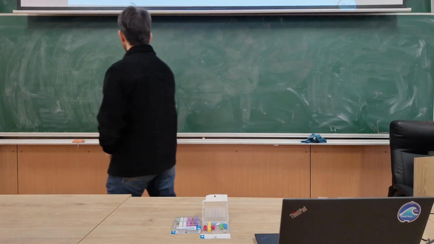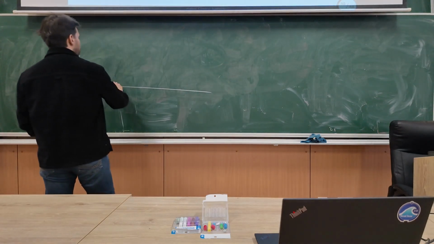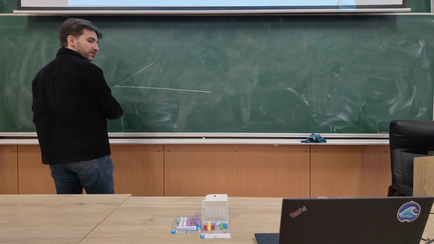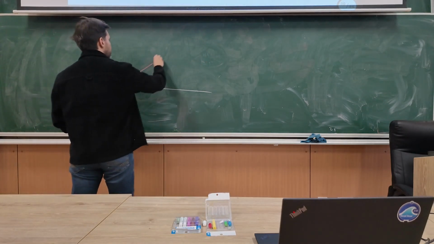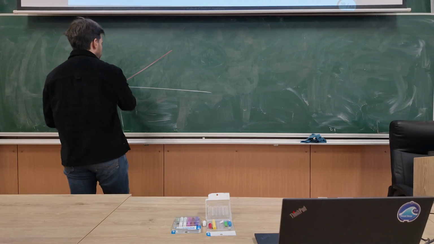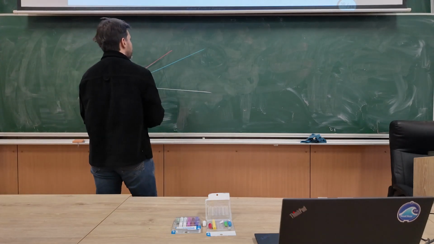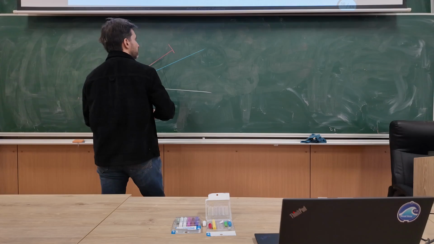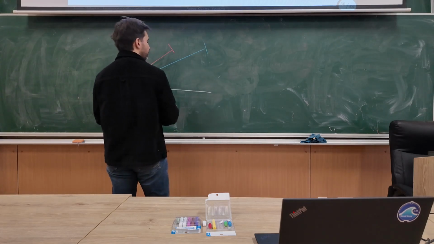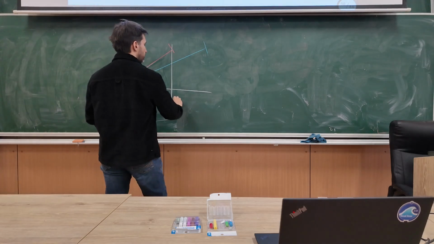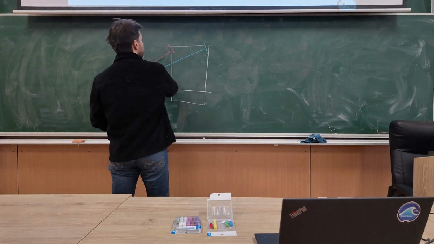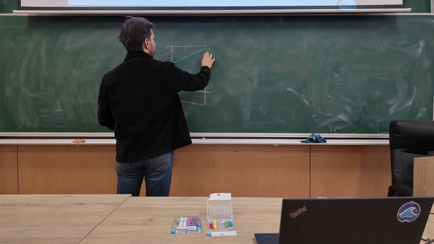Let's write them down. So I have this one, or let's do it the same color as before, and then I have blue here. So I have this one and this one, and then white. Whatever, I put the wheel somewhere.